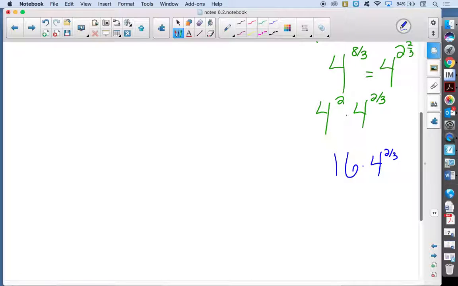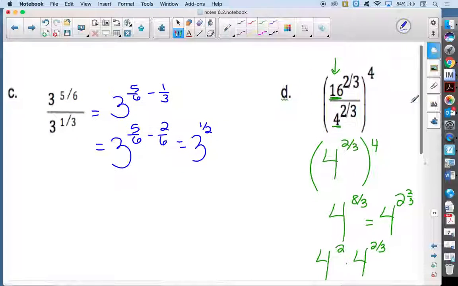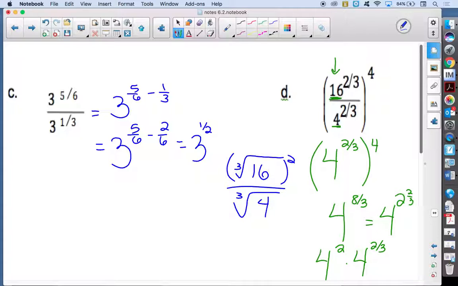Questions? So then the answer is 16 times 4 to the 2/3. So in the first step, when you divided the 16 and 4, why did the 2/3 stay? Isn't that attached to it? If we wrote that as a radical, we'd have the cube root of 16 squared and the cube root of 4 squared.